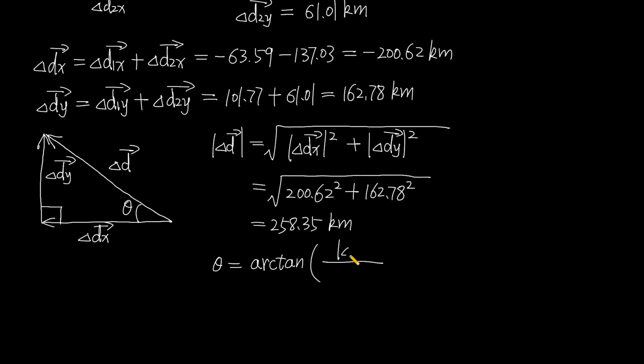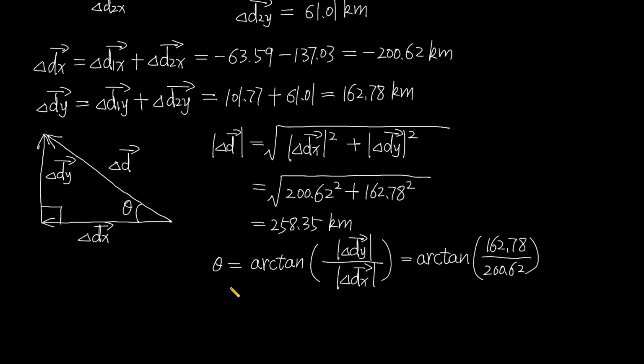And angle theta equals arc tan the magnitude of delta dy over the magnitude of delta dx, and just equals arc tan 162.78 over 200.62, and equals theta is 39.06 degrees.